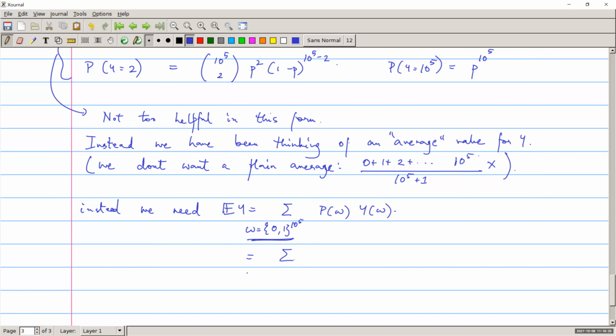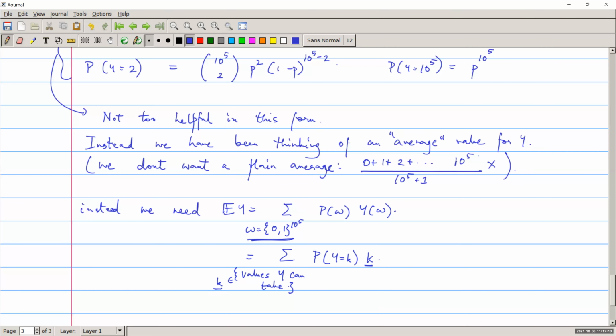So you can choose to sum over the values y can take, and write the probability y equals k. This is always true for any random variable. Instead of summing over all the outcomes of a universe, you can just sum over the values the random variable can take, and take the weighted average of all those values.